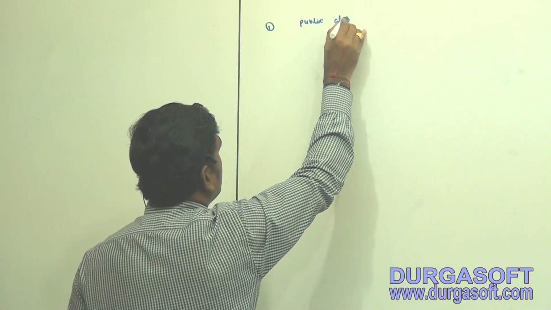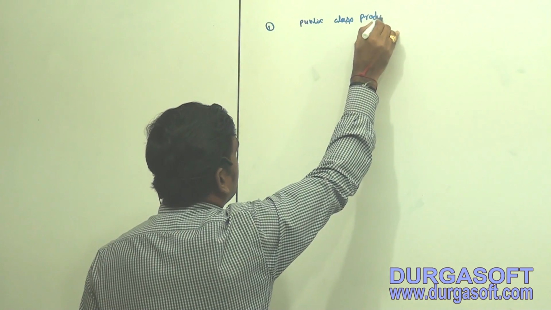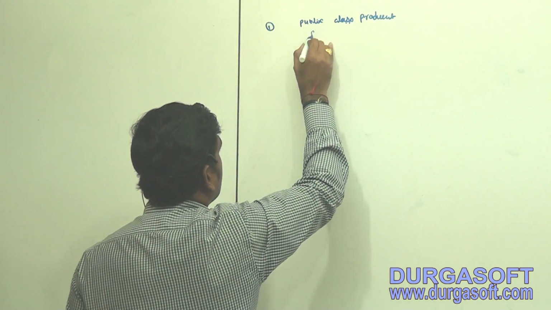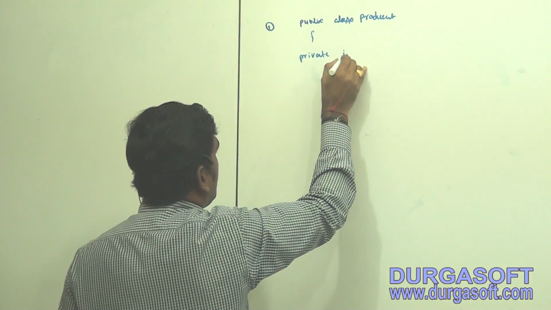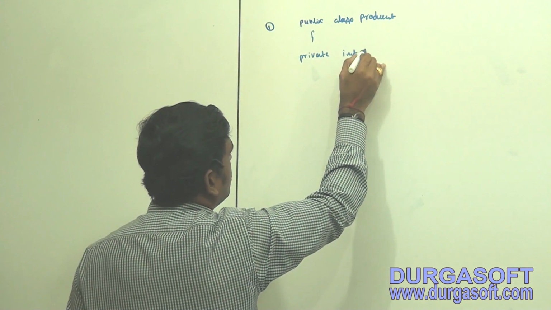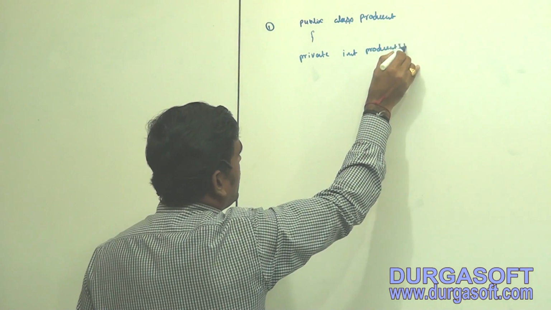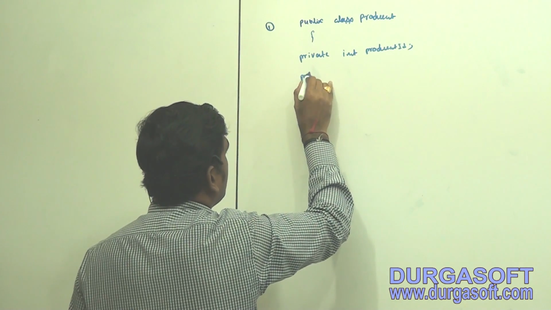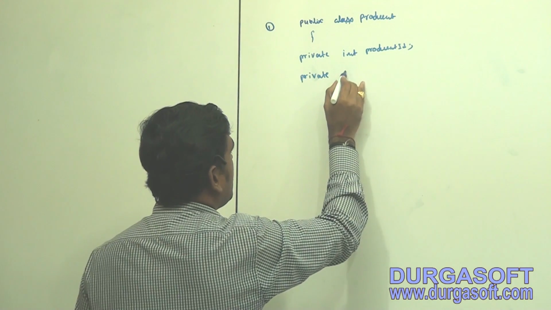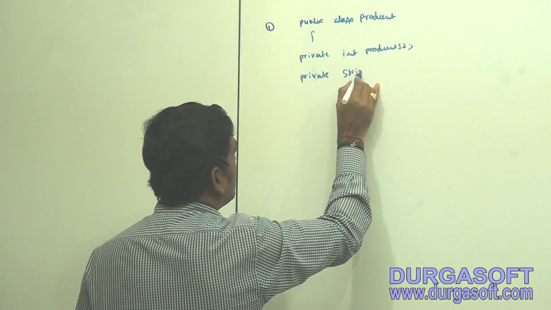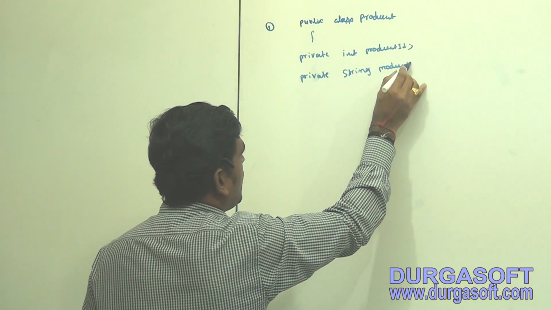Next, how it is: public class Product. Under that I have taken private int productID. The next, private String productName.